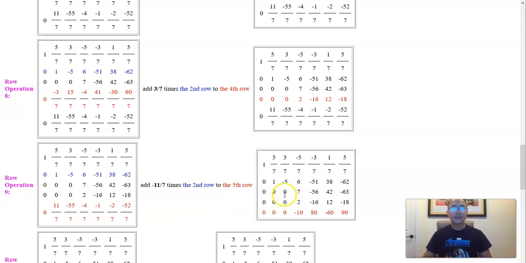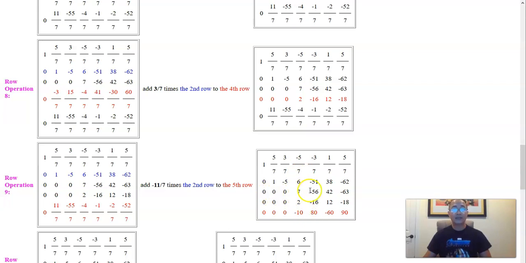So notice what happened here. We do not have a possibility for a leading one in the third column because the third column is zeros below row 2. So our next leading one is going to come from the fourth column in row 3.